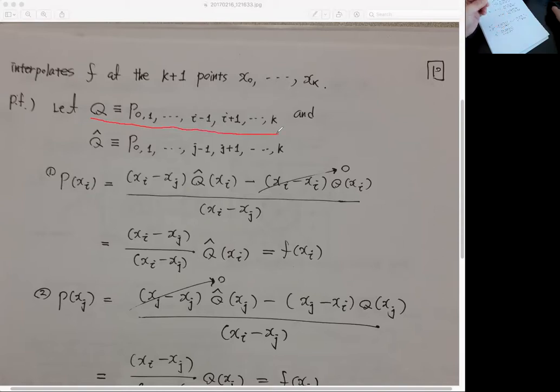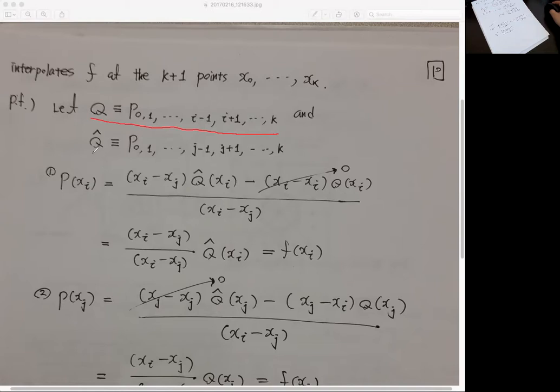So Q is actually the Lagrange interpolating approximation at the k nodes x0 through xk except for xi.